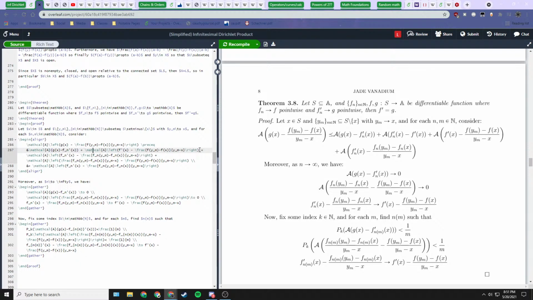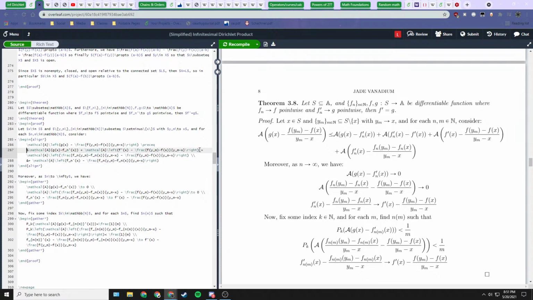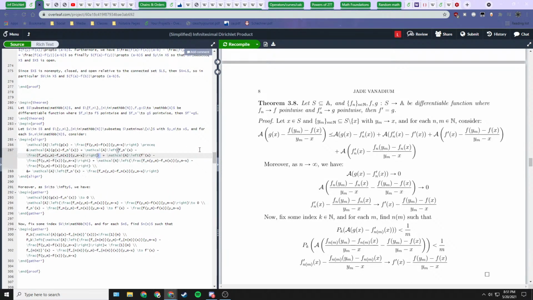Fn prime, and then we get fn prime to its difference quotient, and then we go from fn's difference quotient to f's difference quotient.